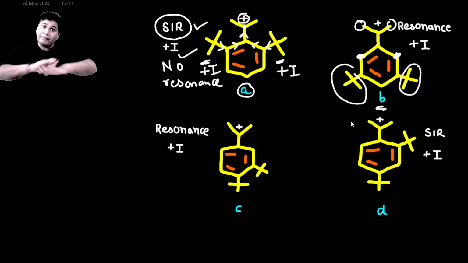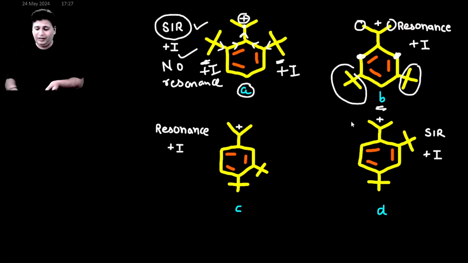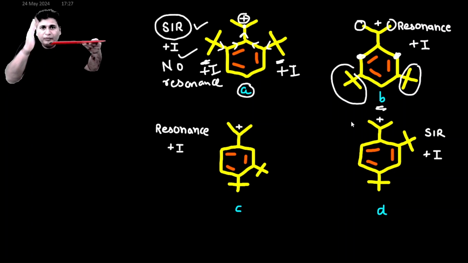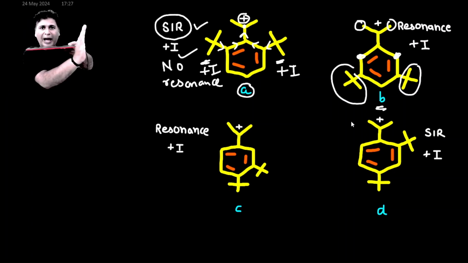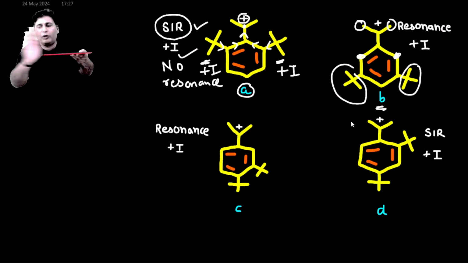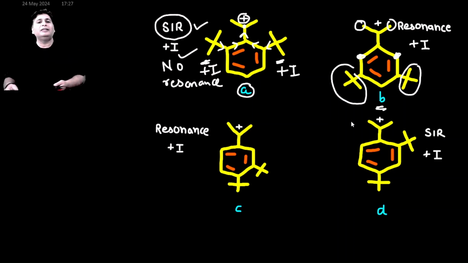They will remain coplanar to the benzene ring, and as they remain coplanar, their vacant p orbital remains parallel to the pi system of the benzene. As they remain parallel to each other, there is all possibility of conjugation, resonance, delocalization.